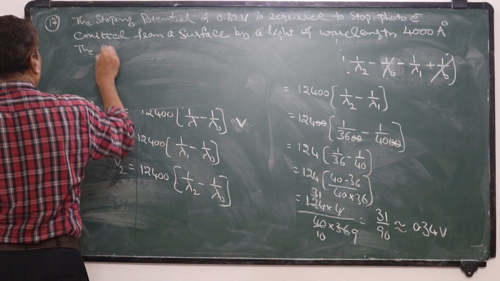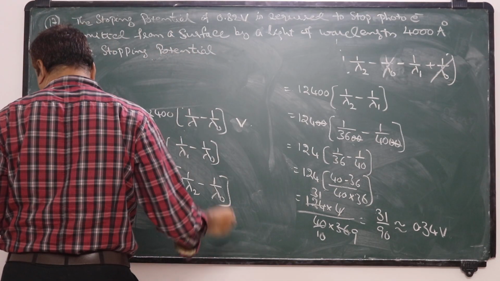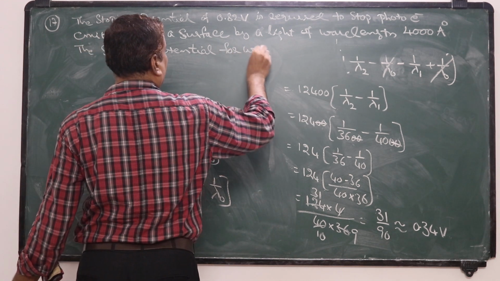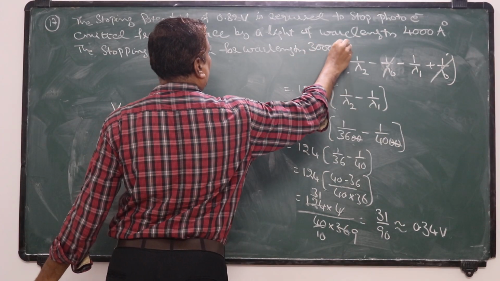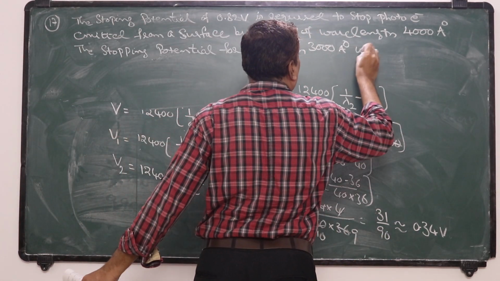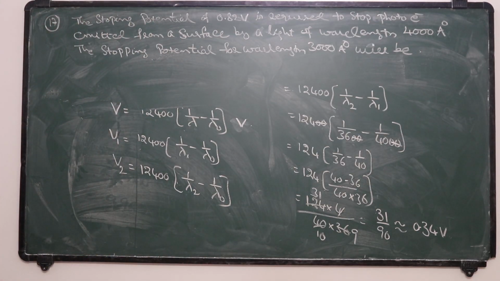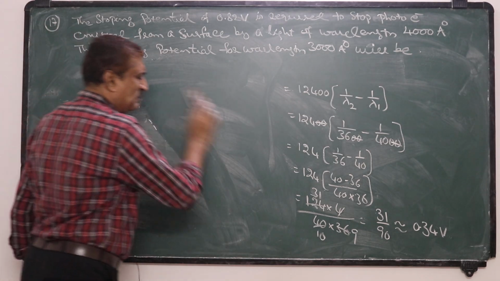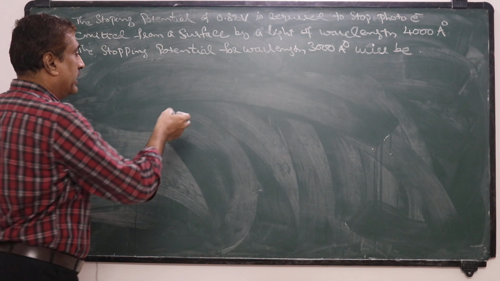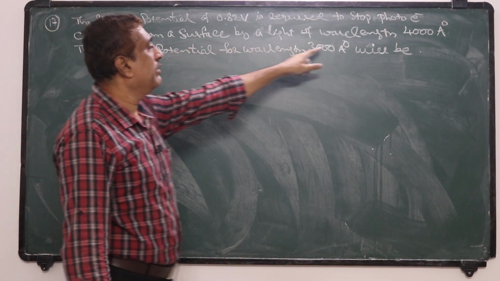The stopping potential for wavelength 3000 Armstrong will be.